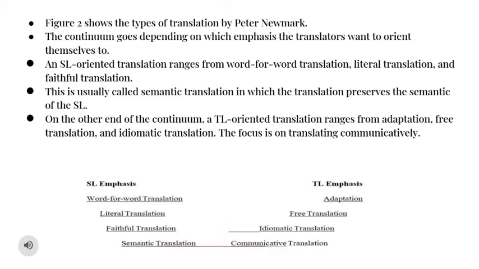The continuum goes depending on which emphasis the translators want to orient themselves to. Source language oriented translation ranges from word for word translation, literal translation, and faithful translation. This is usually called semantic translation, in which the translation preserves the semantics of the source language.